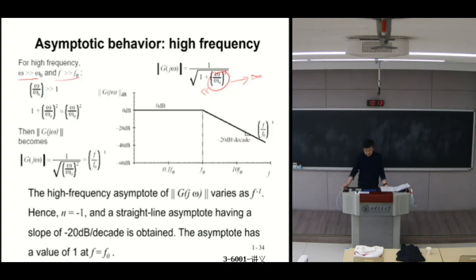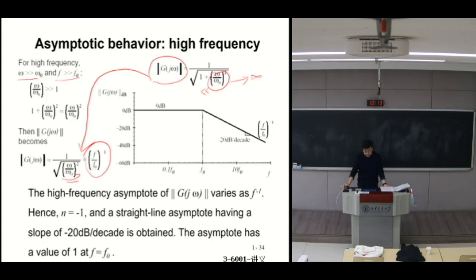And therefore, the magnitude of this single pole transfer function can be considered as only determined by the second item, because 1 is too small compared to it. So the magnitude is simplified to this representation: the frequency to the -1 power.